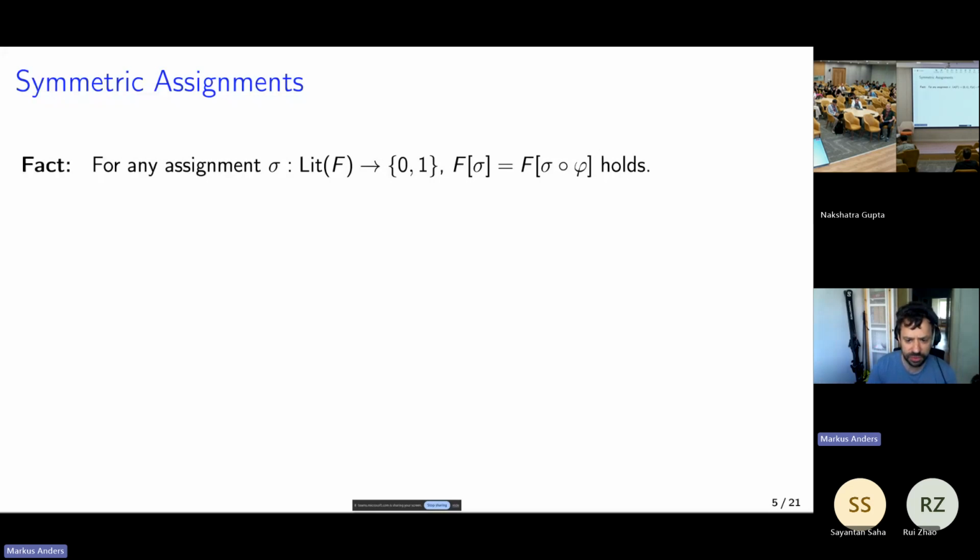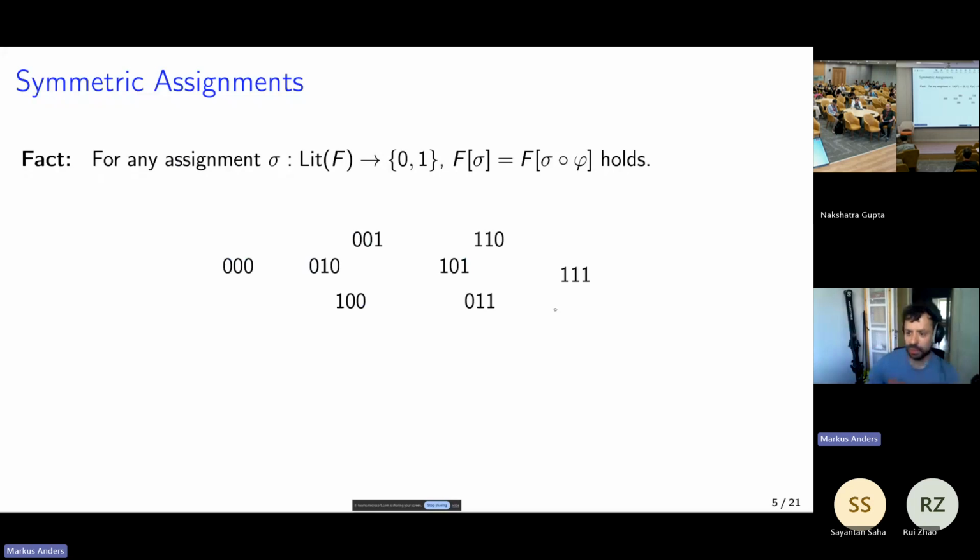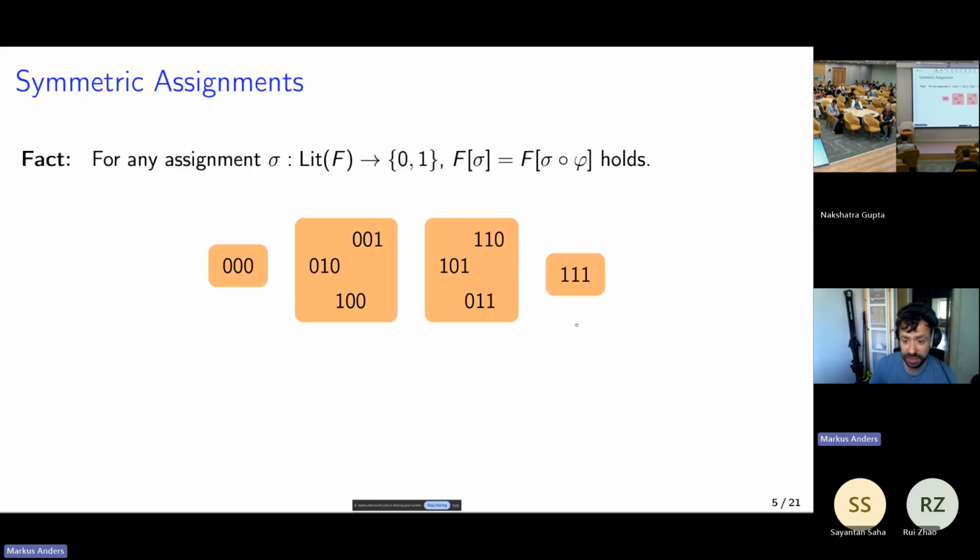And how does this help to solve SAT? Well, okay, here's a very silly way of solving SAT. We can just try out all of the assignments to a formula. And this is just all of the 0, 1 assignments to 3 variables. And what symmetries give us is this notion of equivalence classes on these assignments.